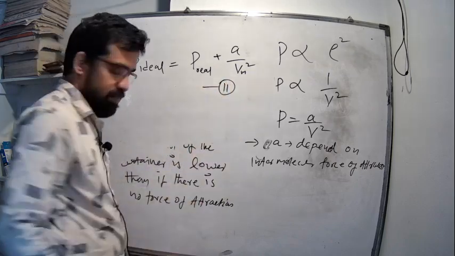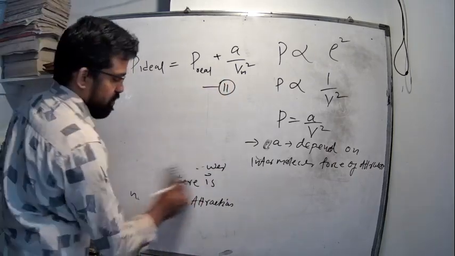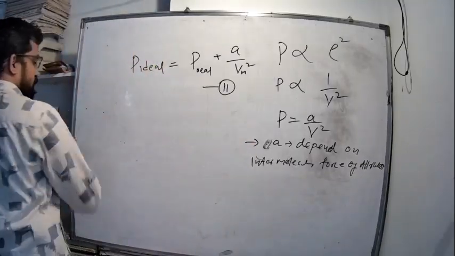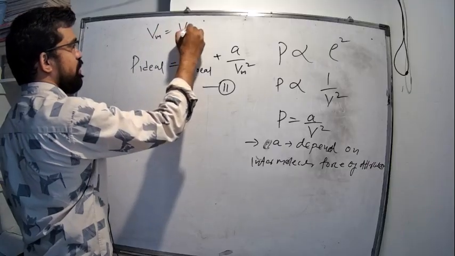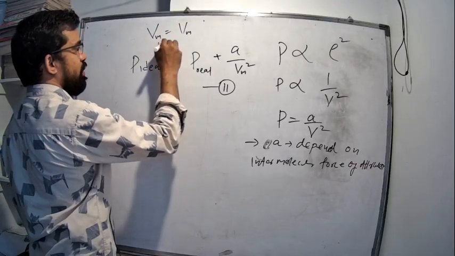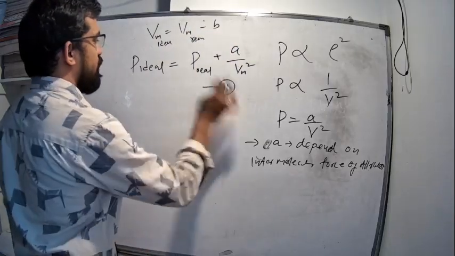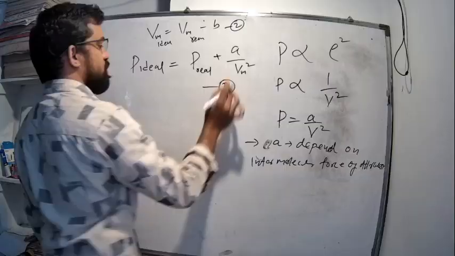This is equation number 3. First equation is PV is equal to nRT or PVm is equal to RT, and second equation, I hope you wrote it, Vm ideal is equal to Vm real minus b. This is 2, this is 3.